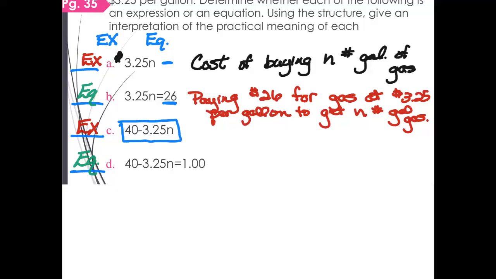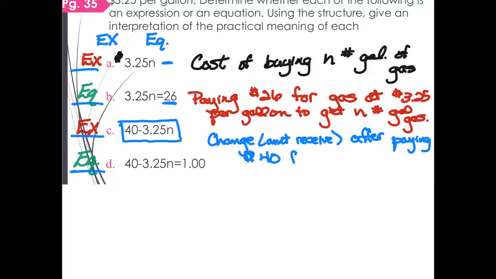This is the change or amount you get back. The change or amount you receive after paying. How much did you pay? $40 for n number of gallons of gas at $3.25 per gallon.